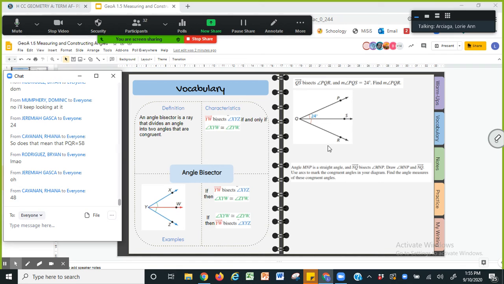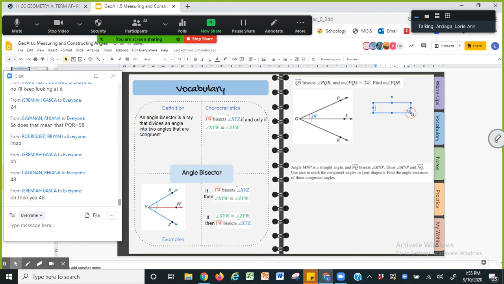Rihanna said it's 48. It's a common misconception. If you are not being careful on the test, it could be one of those that you will get wrong. Then yeah, it's 48. Awesome. So 24 here, 24 there. So we're going to write the measure of angle PQR is equal to 24 plus 24. So that will give you 48.